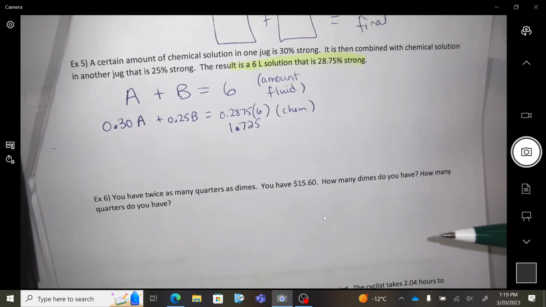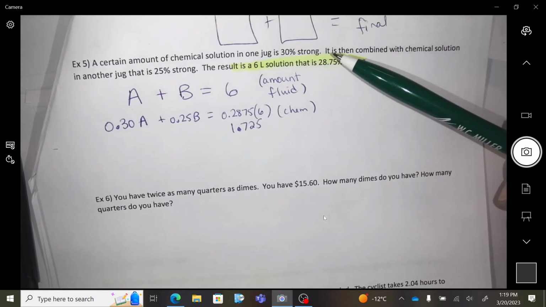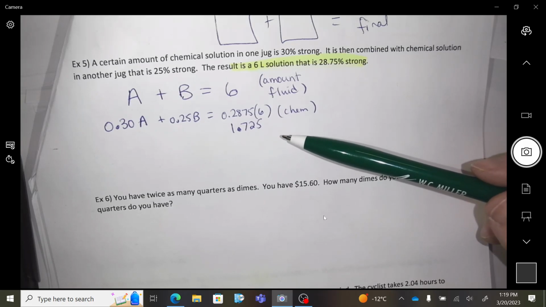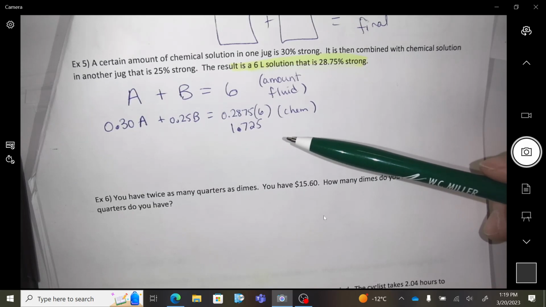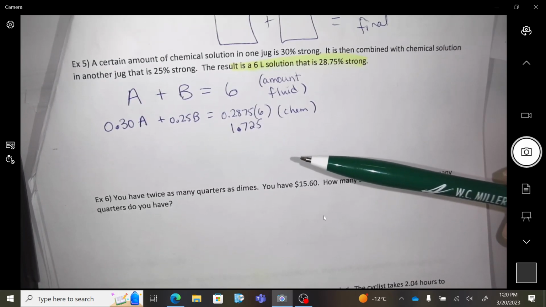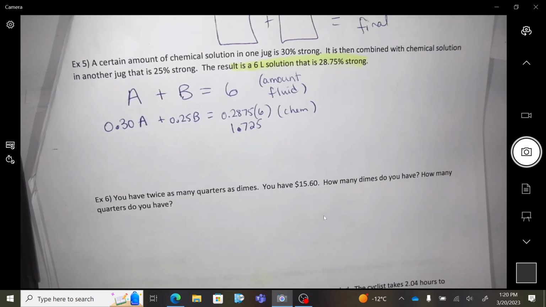Isn't it 28.75% of the 6 liters? So why are we multiplying? Because that's how you solve a percent of something. If I say your final exam is 30% of your final grade, I'm timesing it by 30%. When you say a percent of something, it's a multiplication.